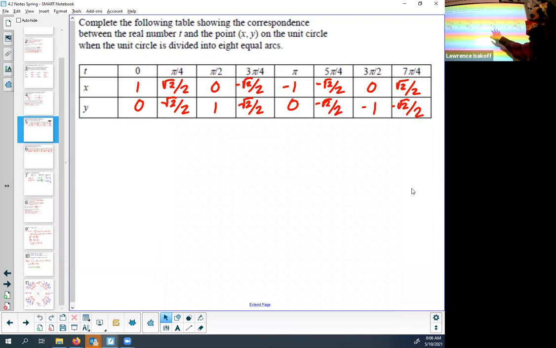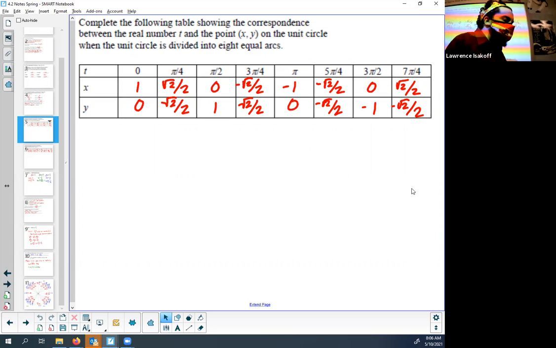So these are all critical values to memorize. At my multiples of pi over 4, I'm going to have either positive or negative root 2 over 2. When I'm at pi's, I get 1, 0 or -1, 0.